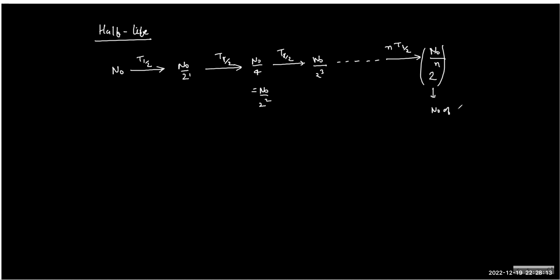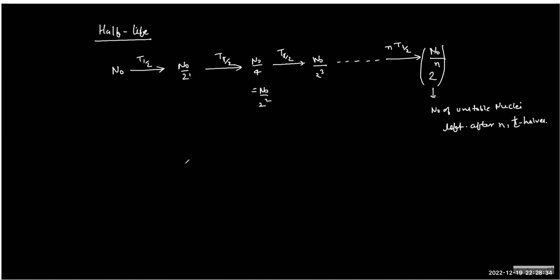This is the number of unstable nuclei left after n T halves.